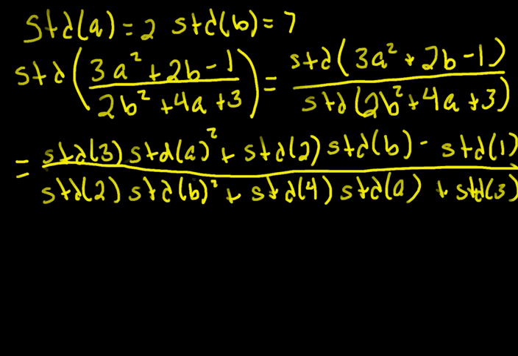Now we've got it all simplified down, and we don't know what a is, but we know its standard part is 2. We don't know what b is, we know its standard part is 7. And the other values we can calculate. So the standard part of 3 is 3.